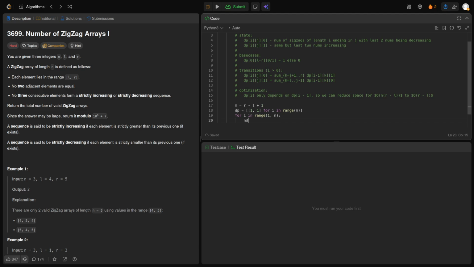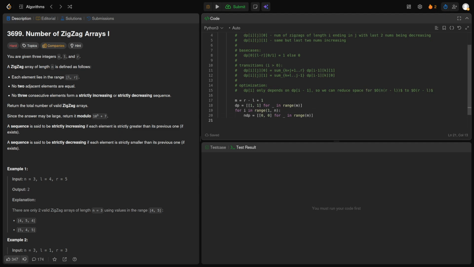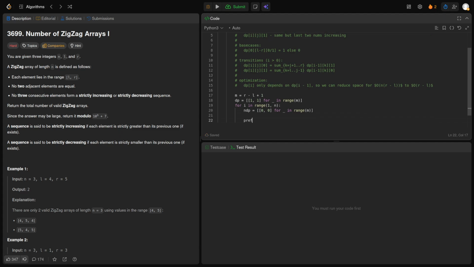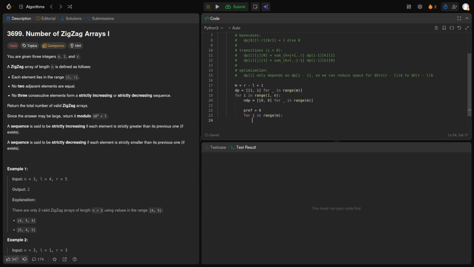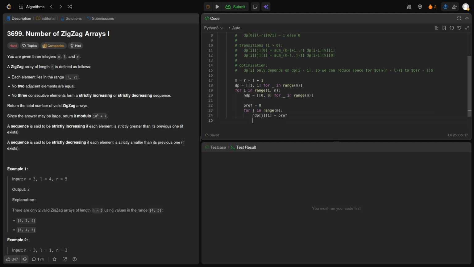And then we do ndp[0][0], right? And then we do it in prefix, and then we go for j in range m, and then ndp[j][1] is equal to prefix, plus equals dp.